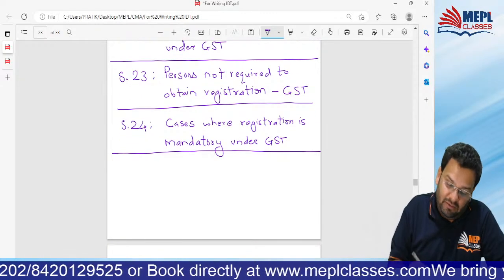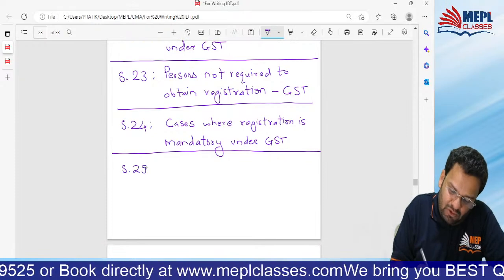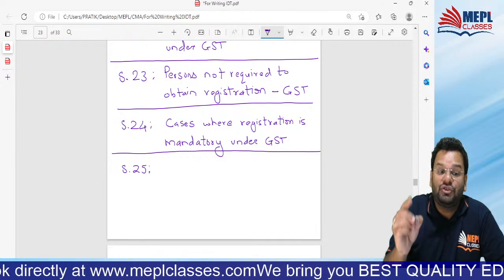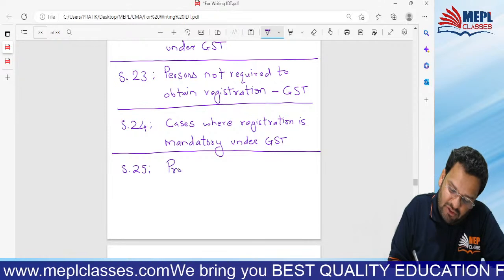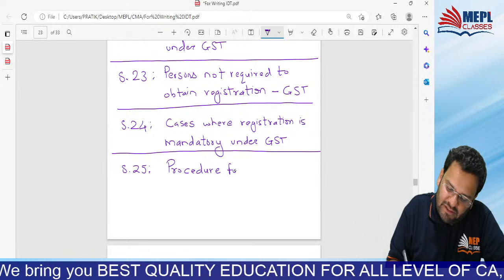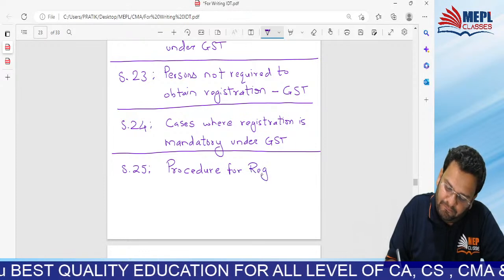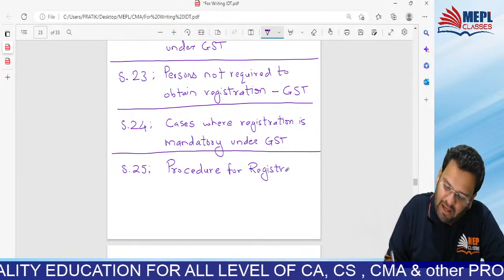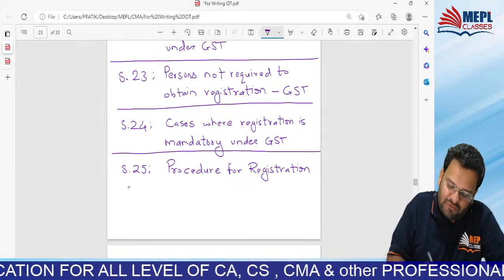Then 25 is procedure for registration. Agreed, it is procedure for registration.